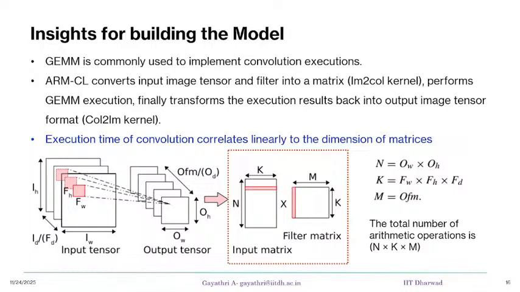So this input is converted into this matrix, and every row here is multiplied with every column of this filter matrix to get your output tensor. Based on the filter size, these are your rows and these are your columns, so you know what your output feature map will be and the number of computations you do for the filter multiplication.